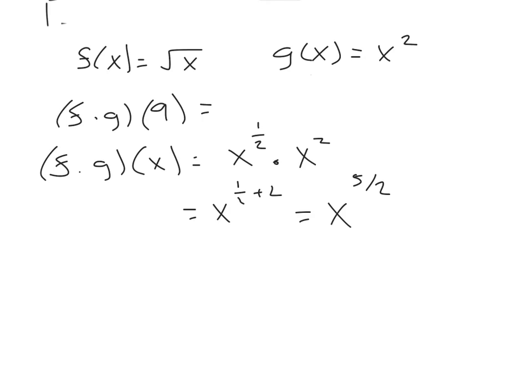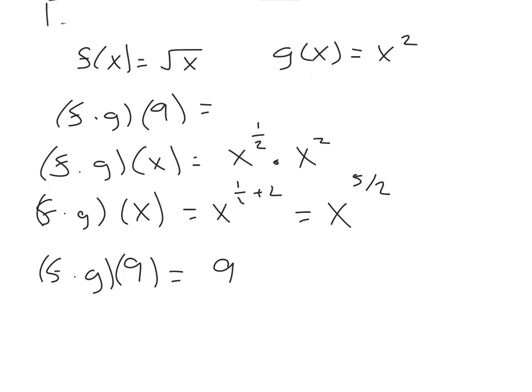Now, remember, that's f times g of x. So if that is true, then f times g of 9 is going to be 9 raised to the 5/2, okay? So what you have to do is the square root of 9 and then raise it to the 5th power, okay?